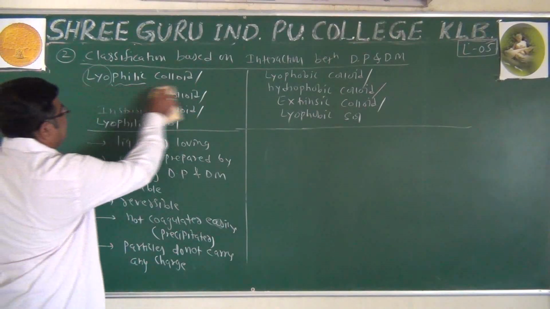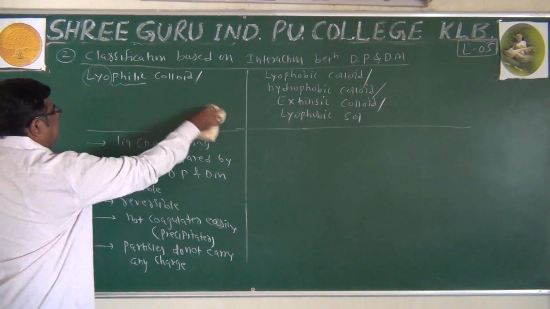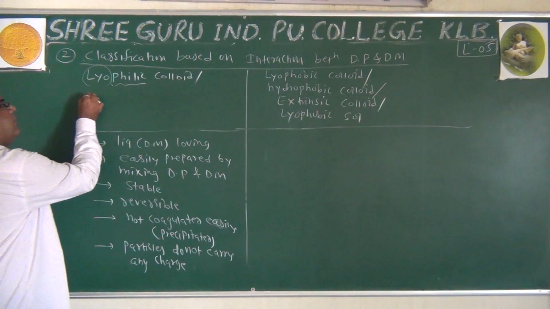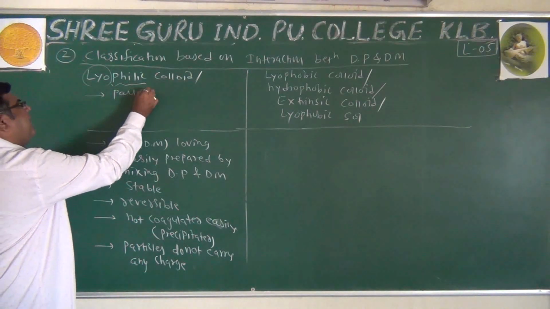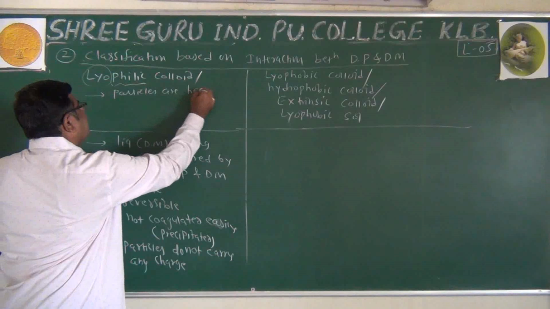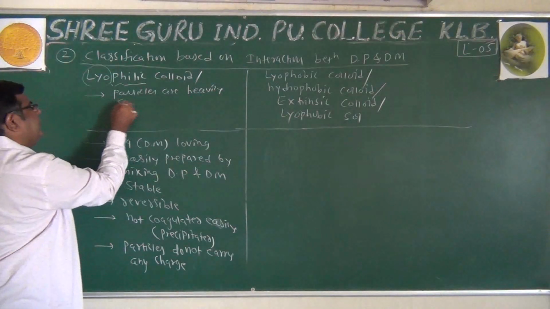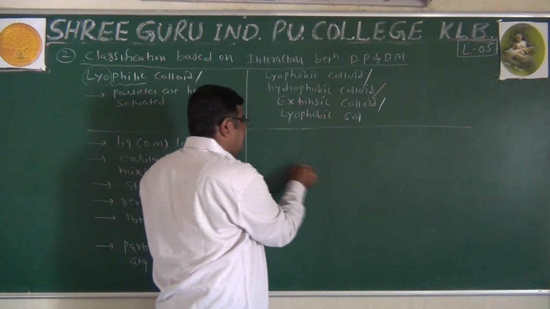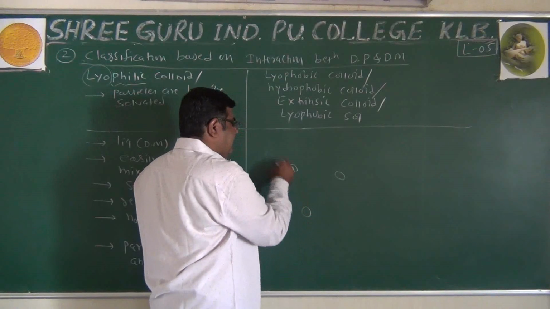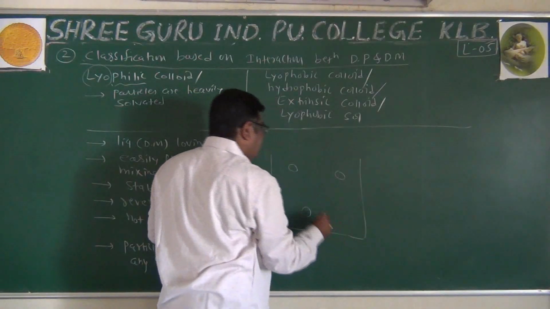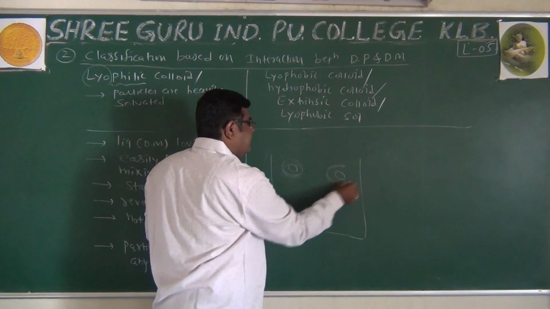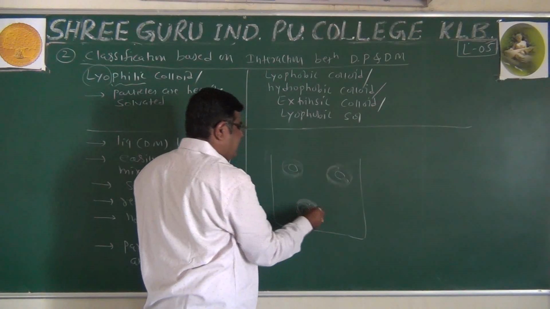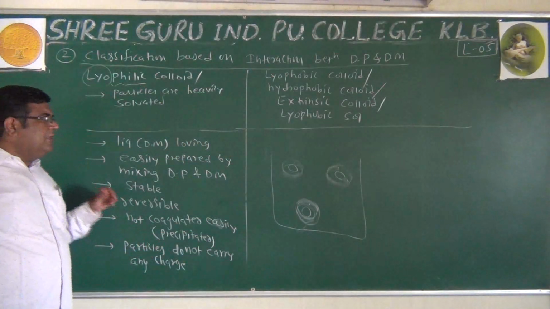Already you know the different names given. We say that particles are heavily solvated. It means if these are the colloidal particles, around them dispersion medium will be present because dispersion medium has strong interaction with the DP.